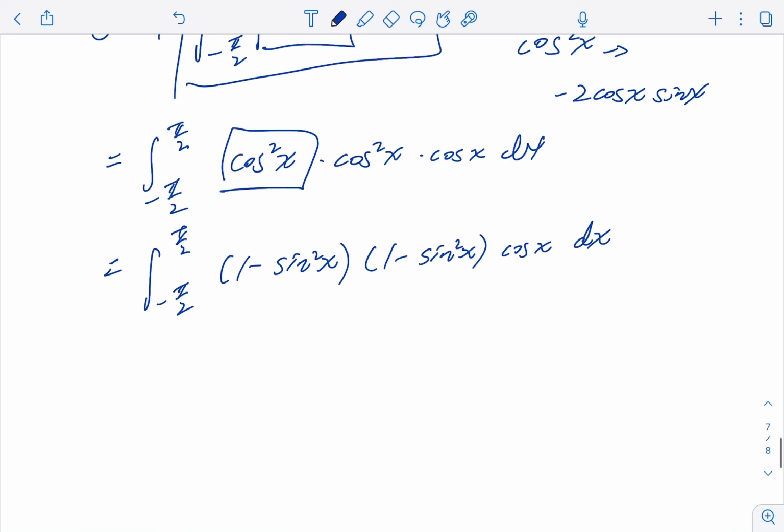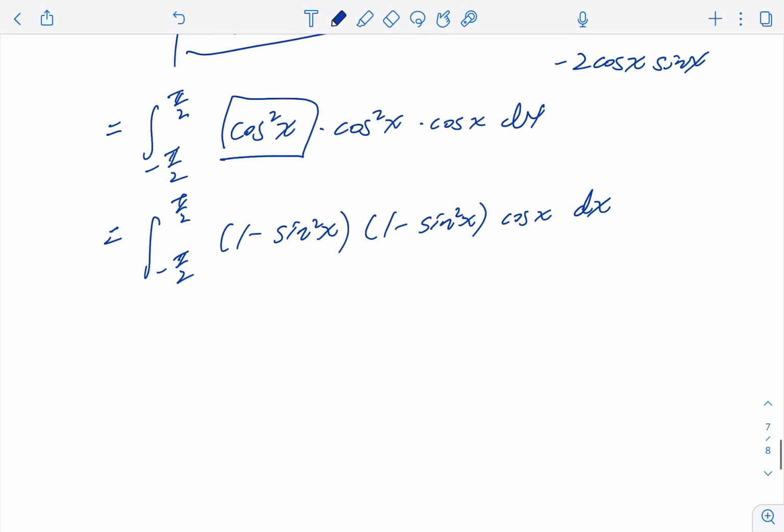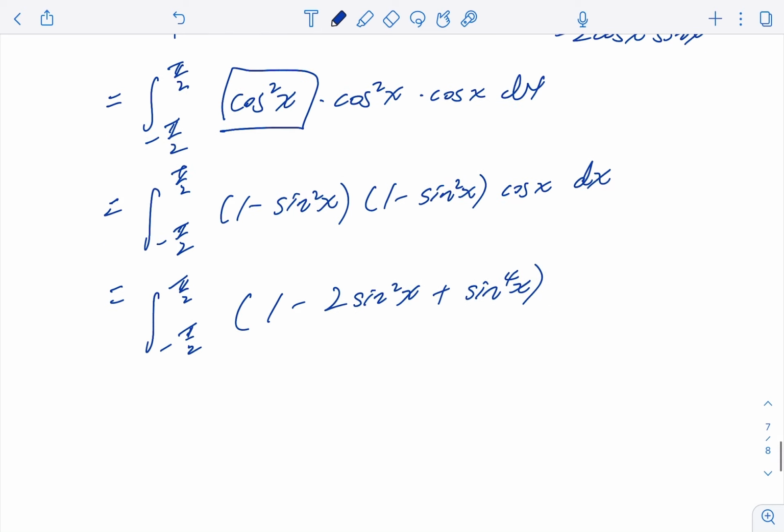So what we can do here is a u substitution. Wait, hold on, before that, I'm just going to do this: 1 minus sine squared x, all squared, times cos x dx.